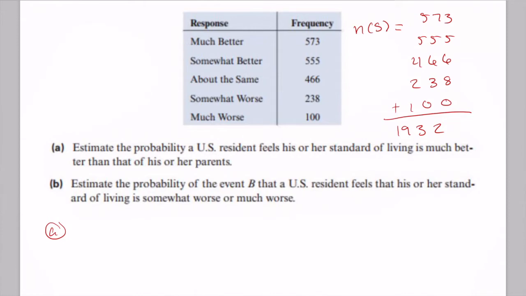So, much better than his or her parents. Much better, so that's right there. So P(A) is equal to 573 over 1932. If we divide that using a calculator or by hand, we have a probability of 0.2966 or 29.66%.